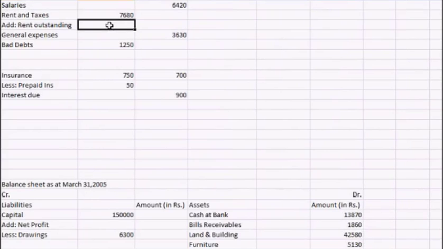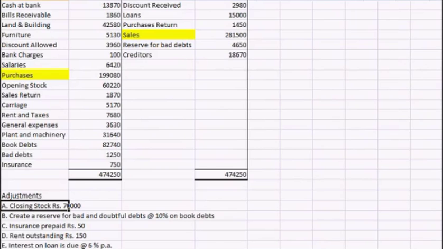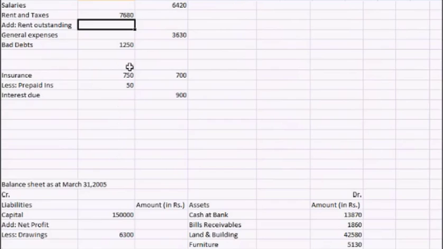So we write the rent outstanding, which is 150. So we write 150, and the amount is added to the total rent. So we have it here. Now we are left with only bad debts.